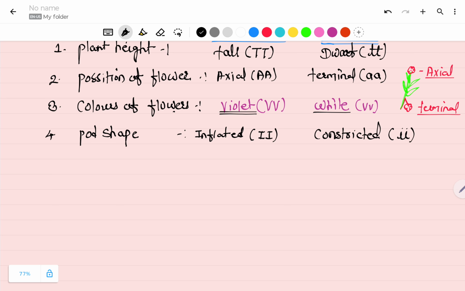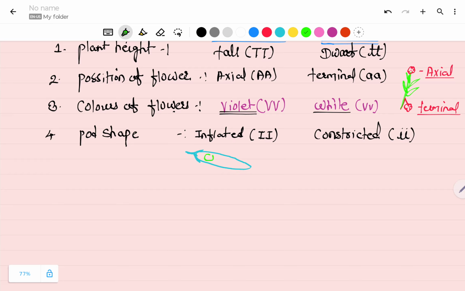Now, how does the inflated pod look? It looks like this form. And this is the constricted pod, which looks like this form.